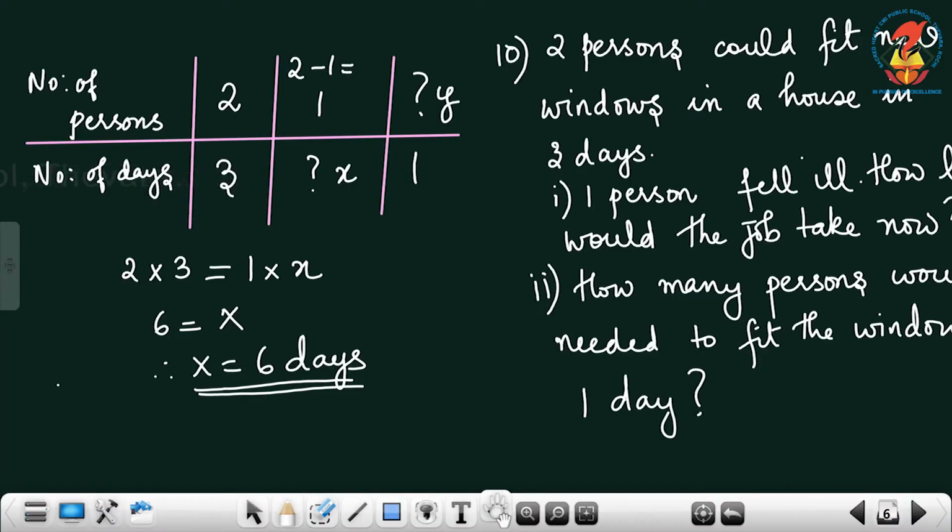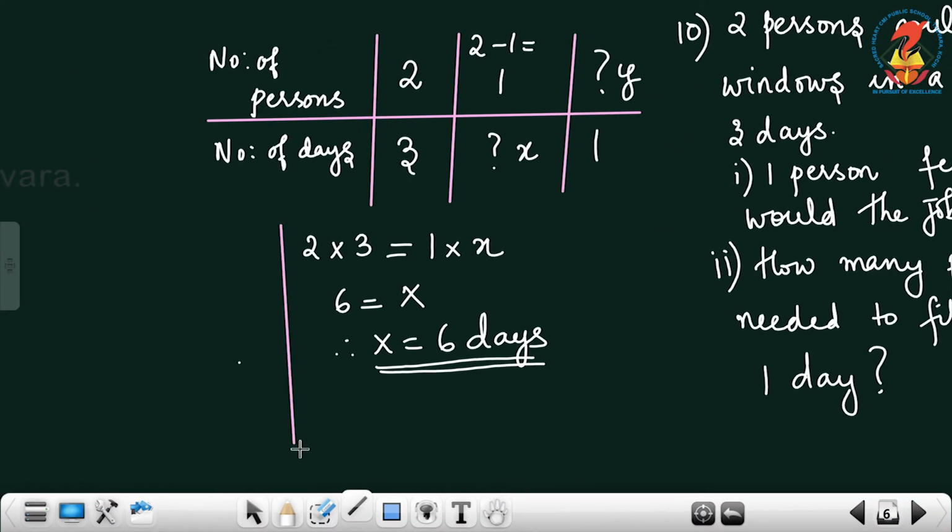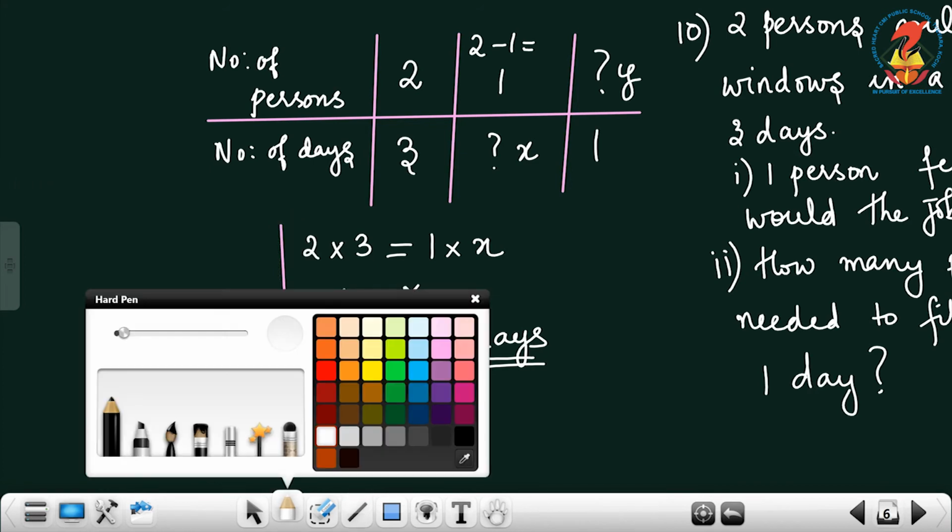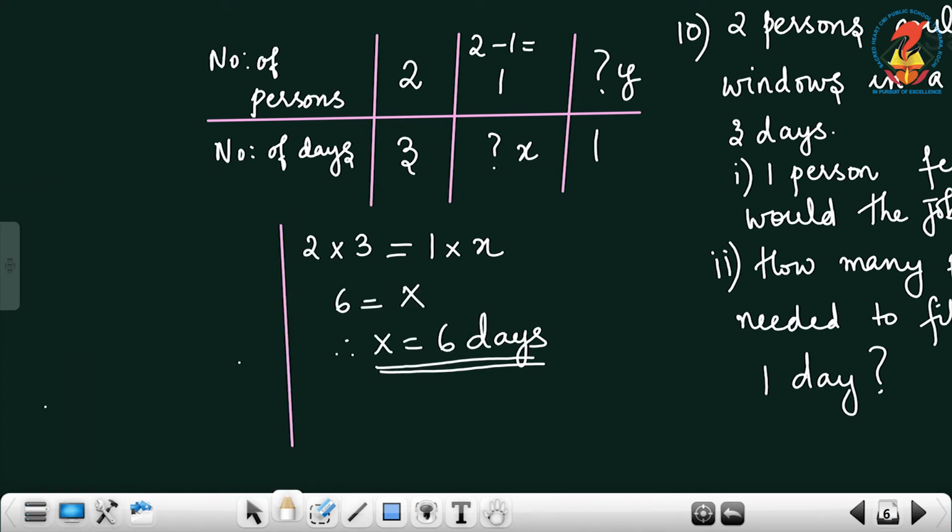Okay? Then, they have said you need to find how many persons if the work is completed in 1 day. 2 into 3 equals 1 into y. Therefore, 6 is equal to y.